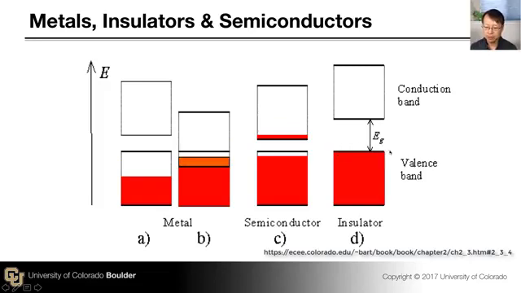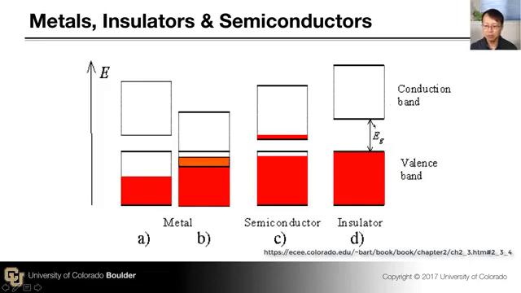Some of the electrons at the top of the valence band may have enough thermal energy to overcome this energy band gap, jump across it, and show up in the conduction band. This may not happen at room temperature if the energy band gap is very large. So even at finite temperature, the solid will remain an insulator. This is a feature of an insulator.